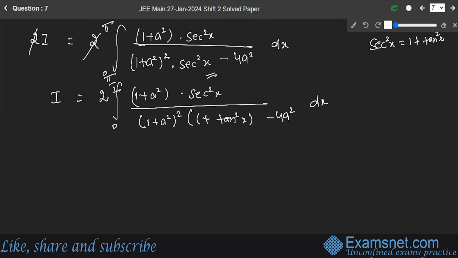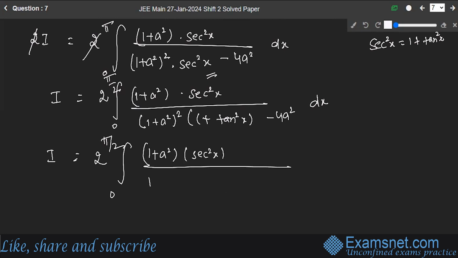All right. So I is equal to twice limit 0 to pi by 2, 1 plus a square into secant square x divided by 1 plus a square whole square plus 1 plus a square whole square into tangent square x minus 4a square.